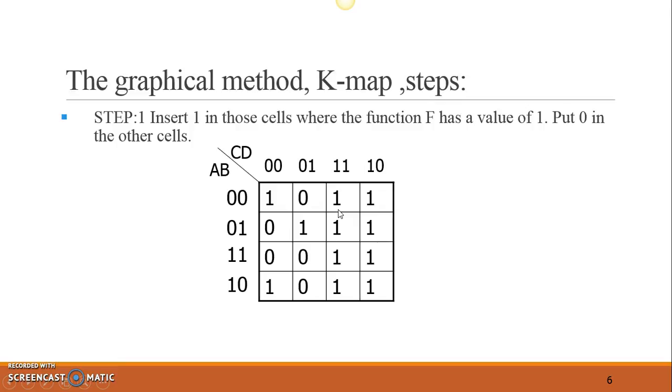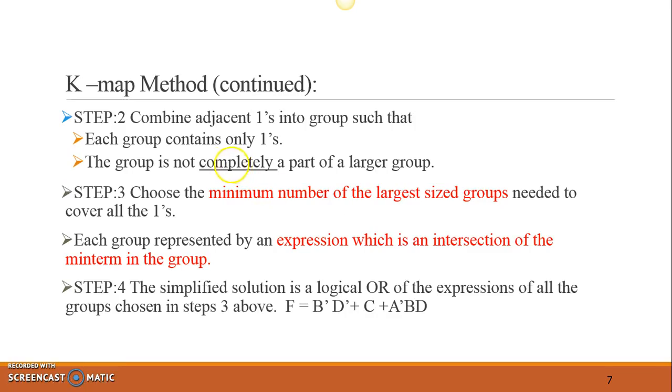And now step 2, which combines adjacent ones into groups such that each group contains only ones. So in short, we are finding ones, and the group size could be 2, 4, 8, or 16. Naturally, a group should not be completely part of a larger group, otherwise the simplification will not reduce.